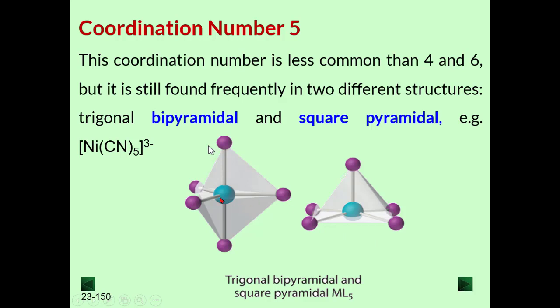Similarly, in another possibility, they have a trigon in the center, a triangular shape, and one ligand is above and the other is below. So this means they have two pyramids. One pyramid made from the above and the other pyramid made below. That is why they are called trigonal bipyramidal. So trigonal means there is a trigon in the center, one pyramid is above and the other pyramid is below.